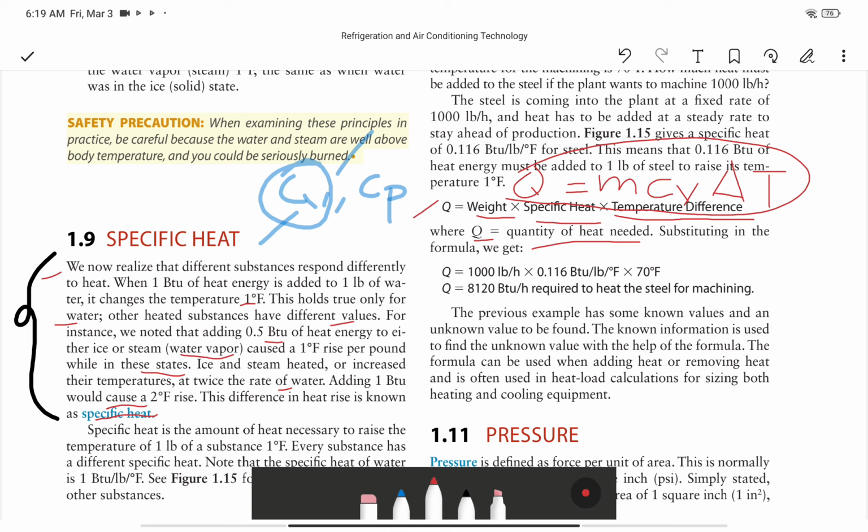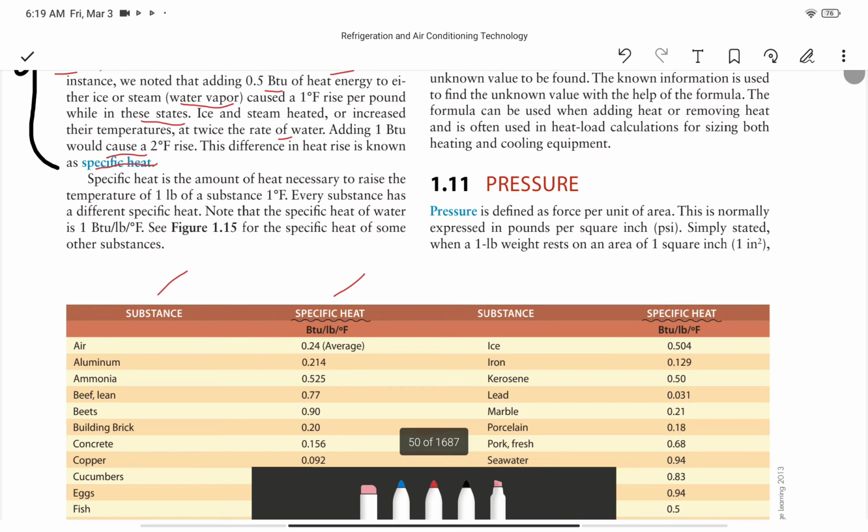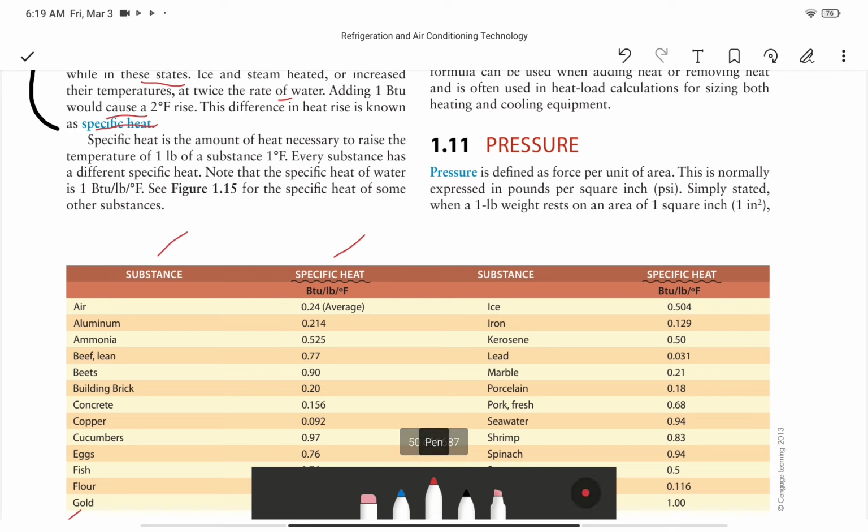You have to look for this from the table so that you will be able to continue your calculations. Suppose you are dealing with air conditioning: what is the specific heat of your air? Or suppose you are dealing with beets.